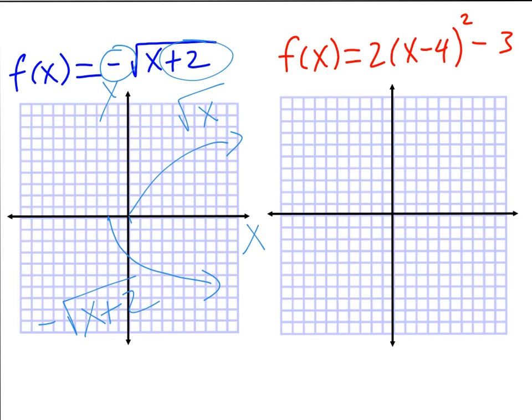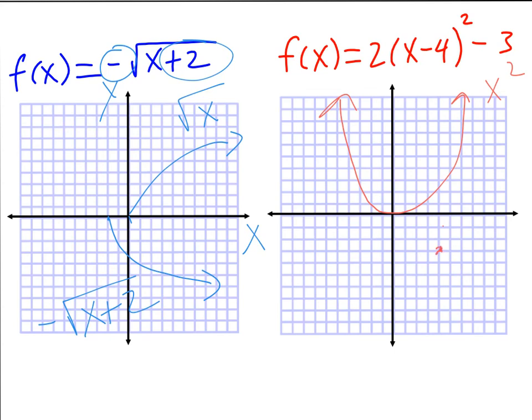Last one. Kind of our favorite function of the lesson. The old quadratic. There's my parent. I can see 3 things going on. I see this 2 out front, which is going to make the graph skinnier. And then I see 2 shifts. I see this minus 4 on the inside that tells me 4 units to the right, and then a minus 3 at the end to go 3 units down.